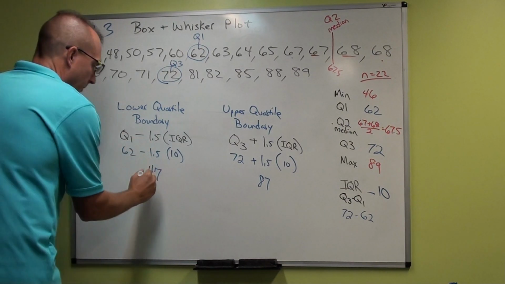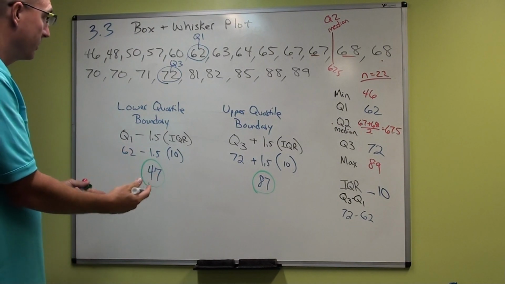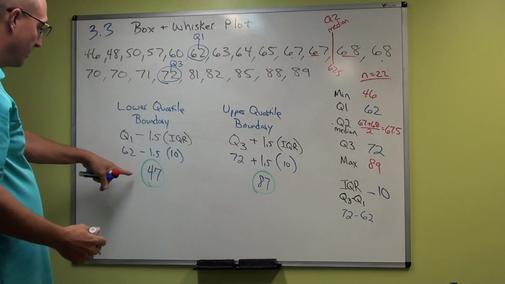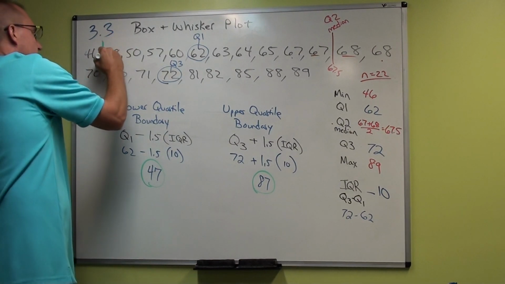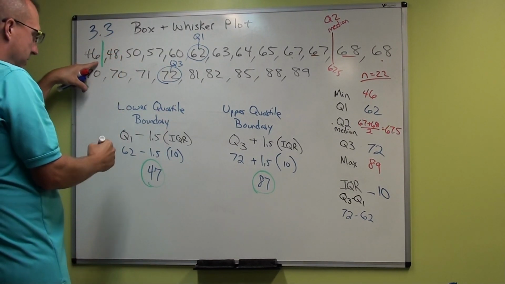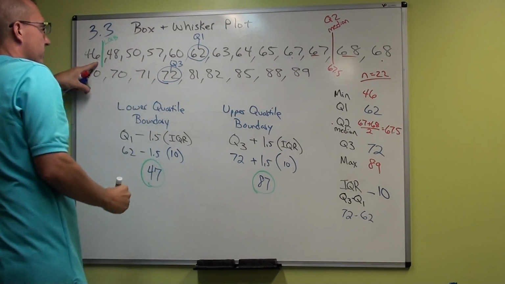Alright, so now you take those and you go into your data. So we have to find where 47 is, right here. This cuts this out. If this cuts this out, this is our lower quartile boundary.